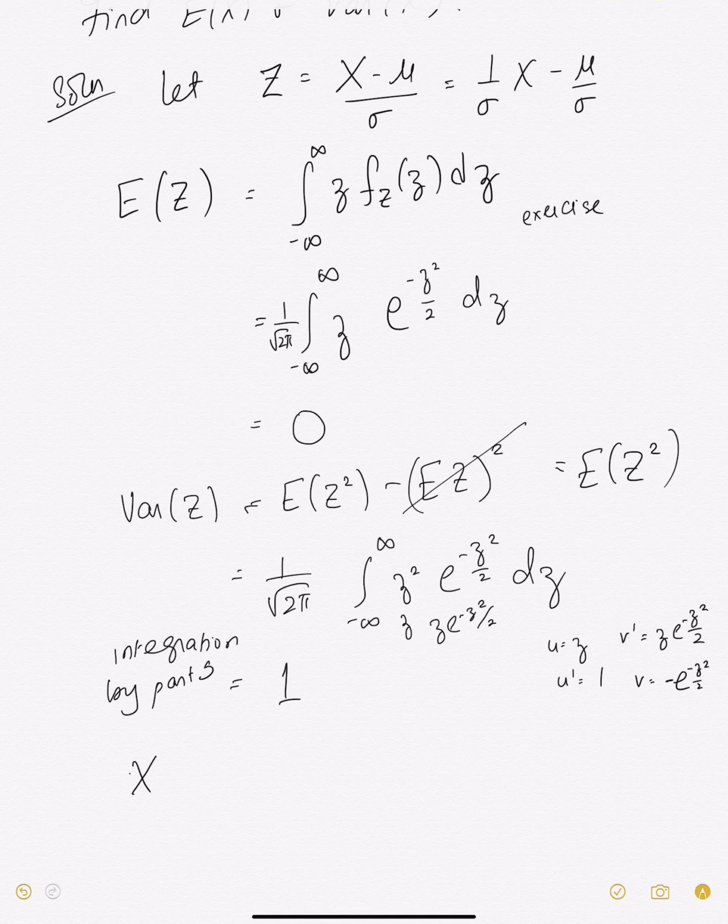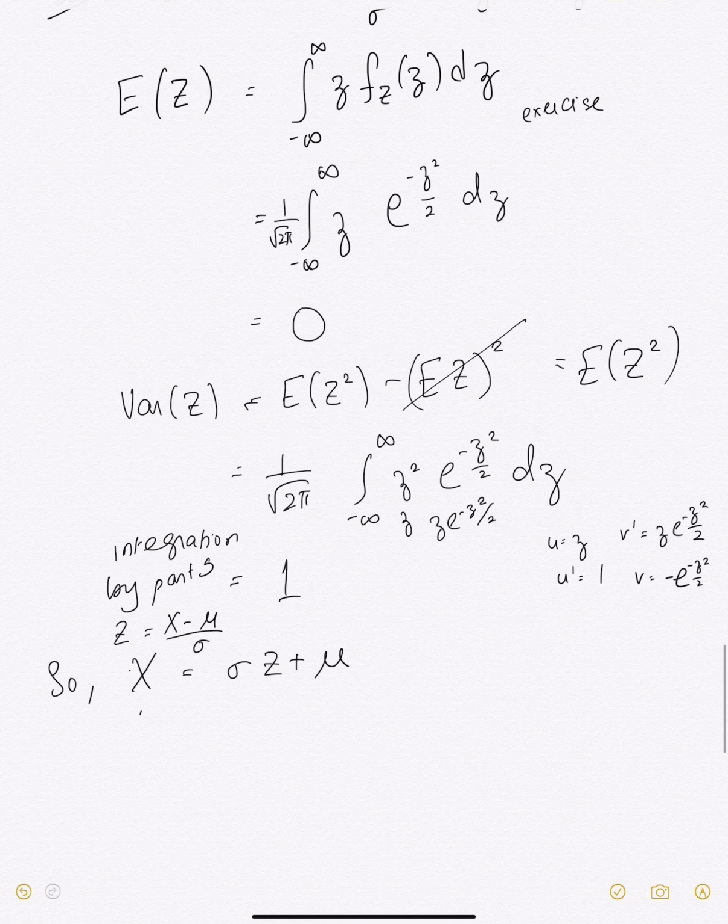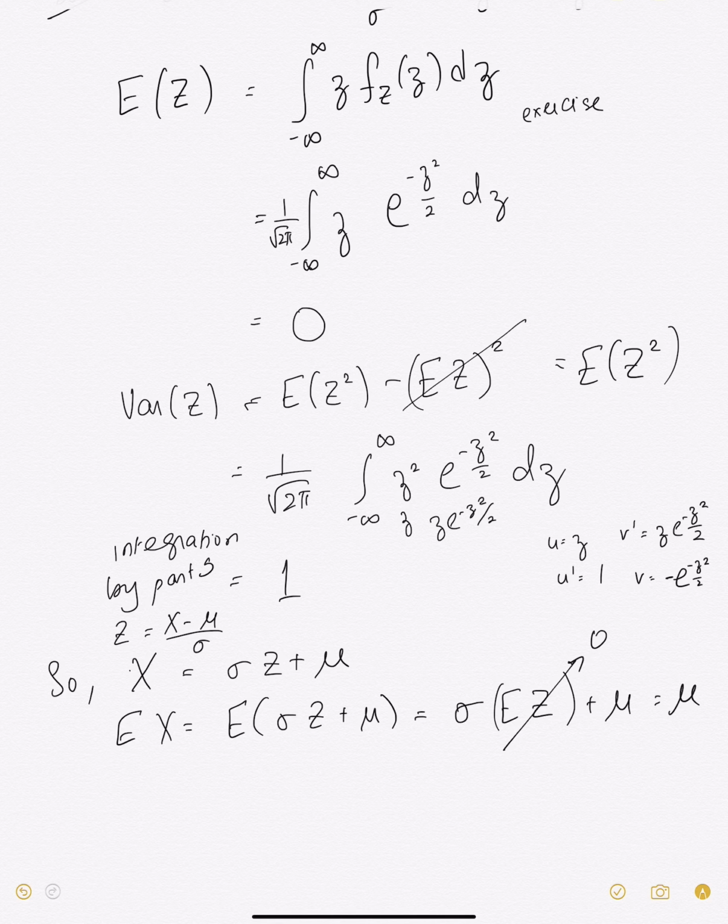However, you have that z equals (x minus mu) over sigma, so x will be sigma z plus mu. The expectation of x will be the expectation of sigma z plus mu, so that is sigma times the expectation of z plus mu, and this is 0, so this is just mu.